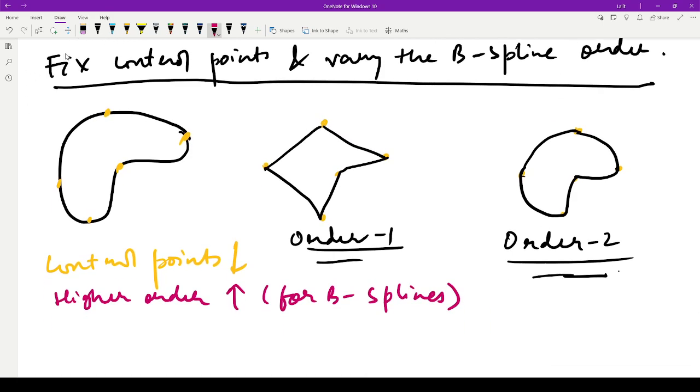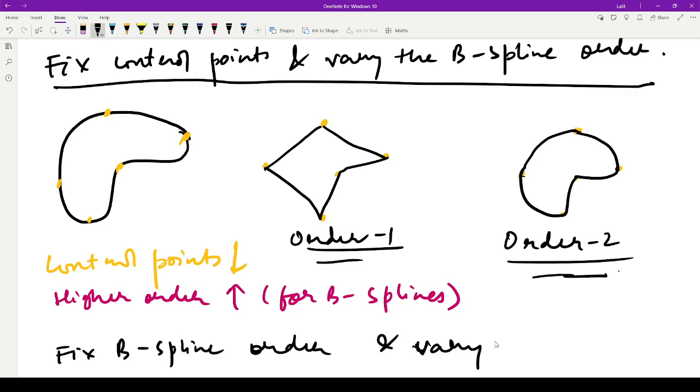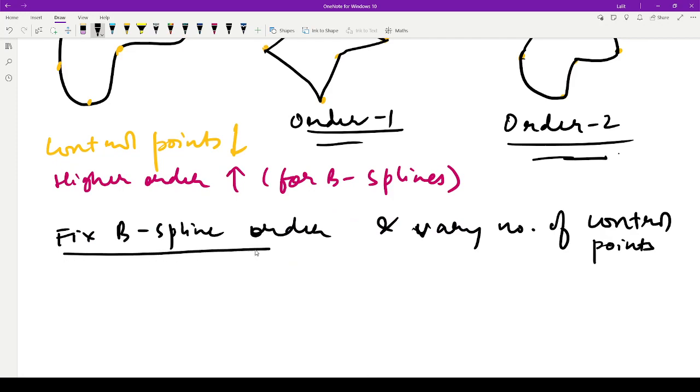So we'll just do the reverse thing now. We'll fix the B spline order and vary the number of control points. So this is my second setting that I'll use to illustrate it.